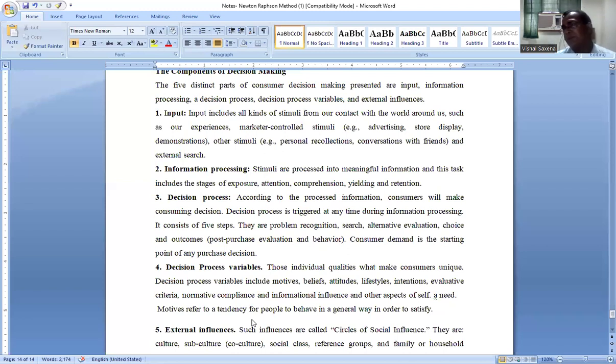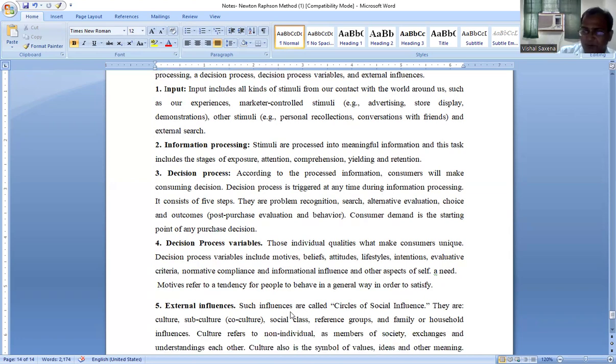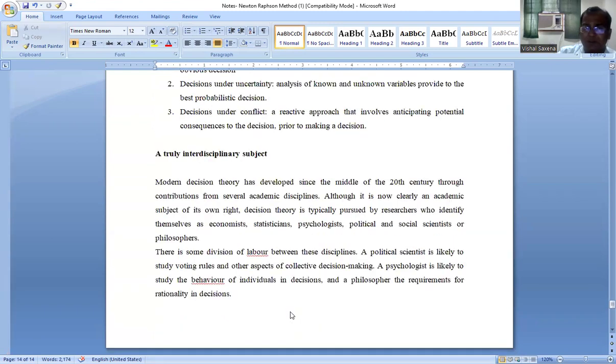Then the problem is converted into a mathematical formulation, in which some variables are assigned, and finally comes the solution, the method by which the problem is solved. And one more component is external influence, which deals with the various factors that affect our decisions, the social influences. So these are the five components for decision making.